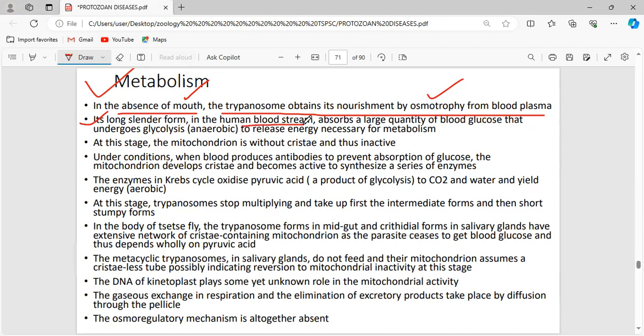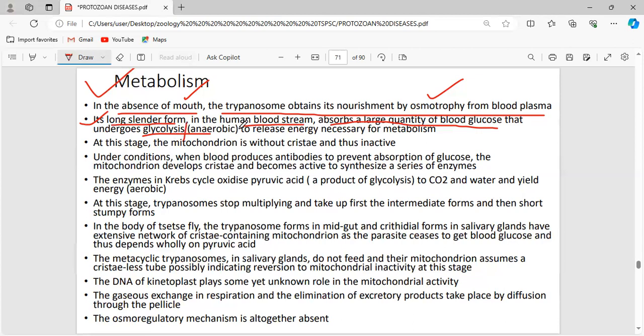In the human bloodstream, it appears in the long slender form, and it absorbs a large quantity of blood glucose. After absorbing this glucose, the glucose is converted to pyruvate, and that process is called glycolysis. We have read in biochemistry that conversion of glucose into pyruvate is called the glycolysis process.